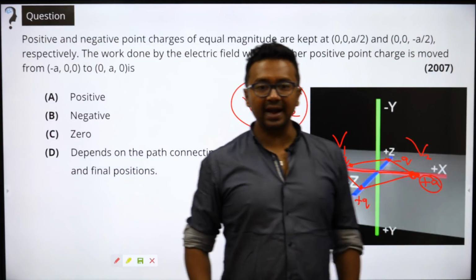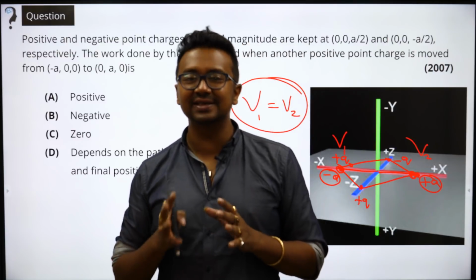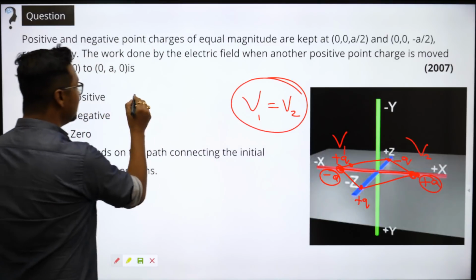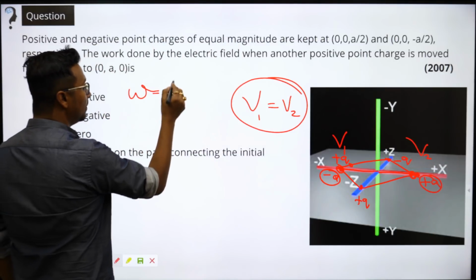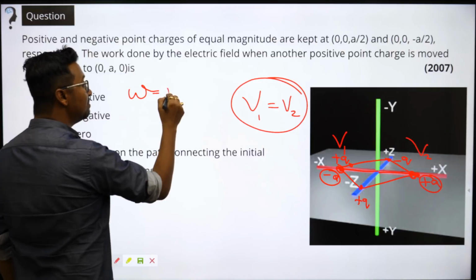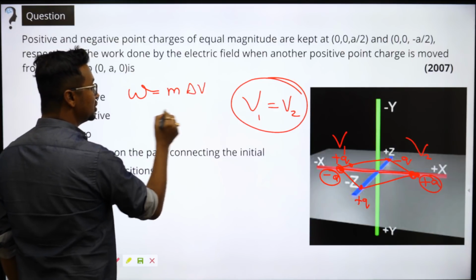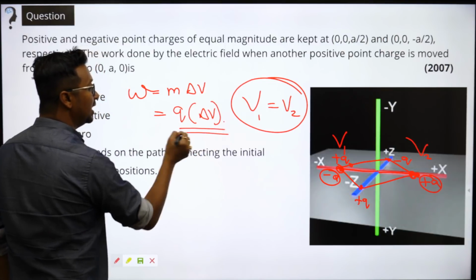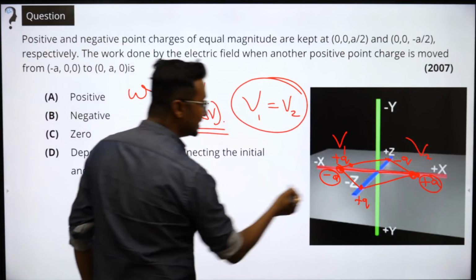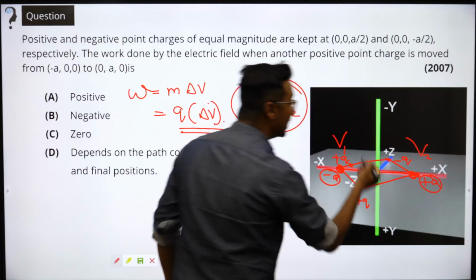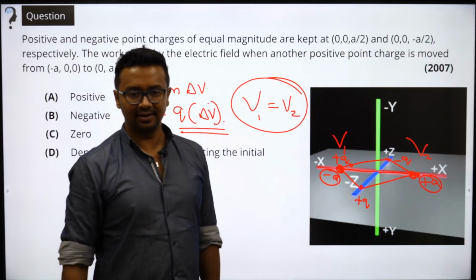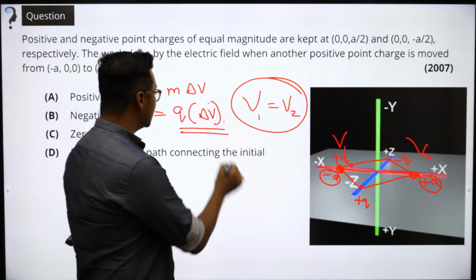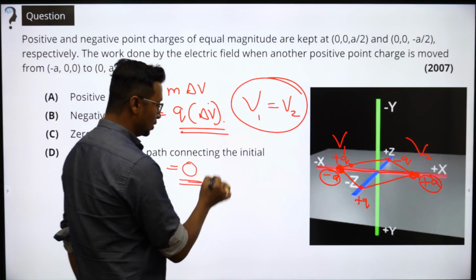And if the potential is the same, remember gravitational potential too, work done is equal to, in gravitation it was mass times change in potential, here it becomes charge times change in potential. That is the potential difference. Since this point and this point, due to symmetry, will have the same potential, the work done will be equal to 0.